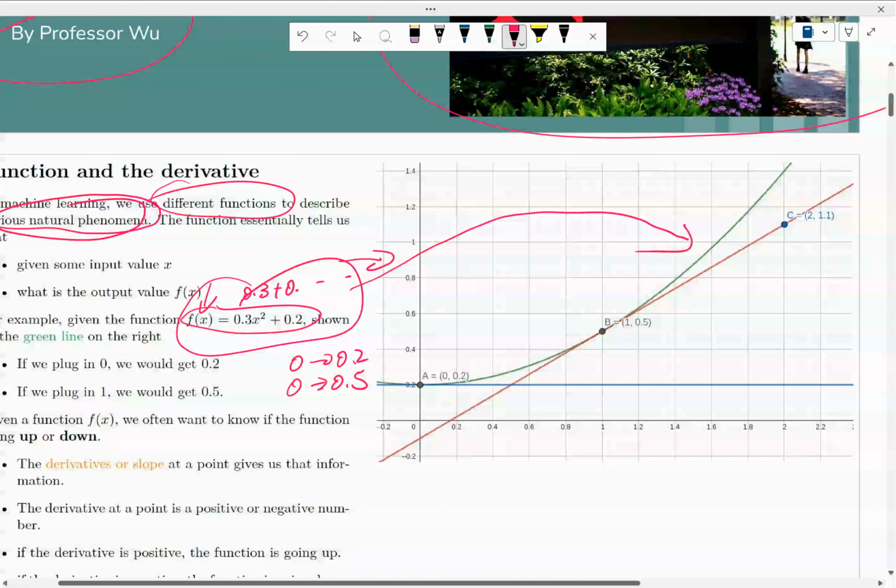If the derivative has a negative value, the function is going down. So the sign of the derivative tells us where the function is going.